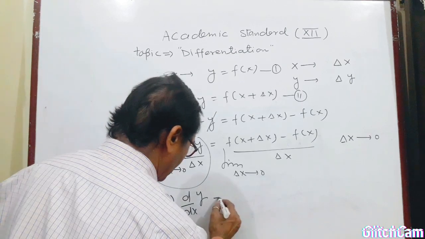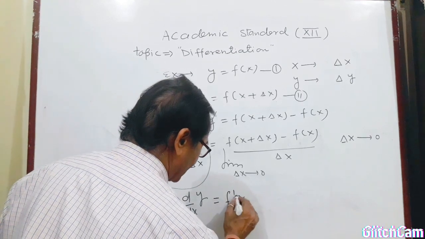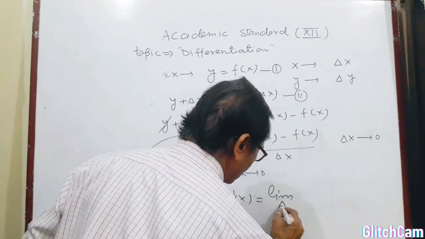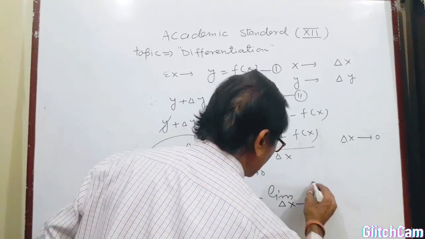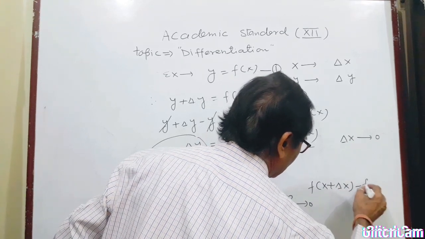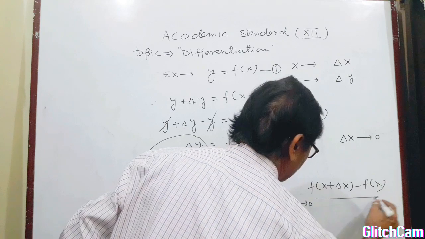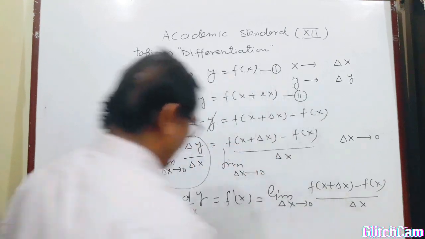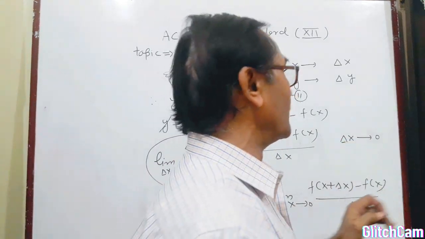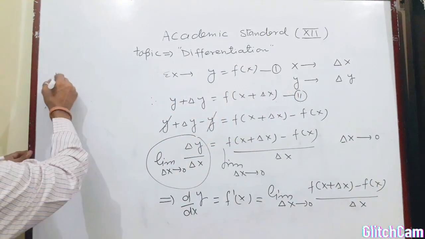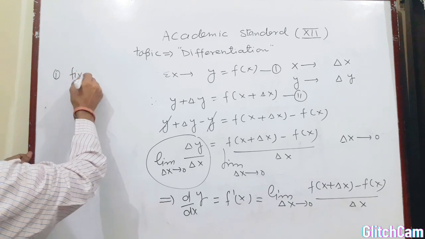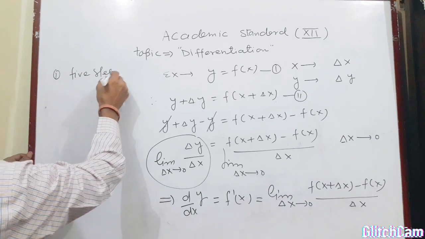It is also known as f dash x equals limit delta x tends to 0 of f(x plus delta x) minus f(x) upon delta x. This is known as the 5-step rule. You should write it down, students. It is known as the 5-step rule.